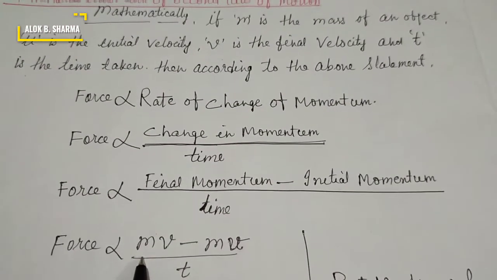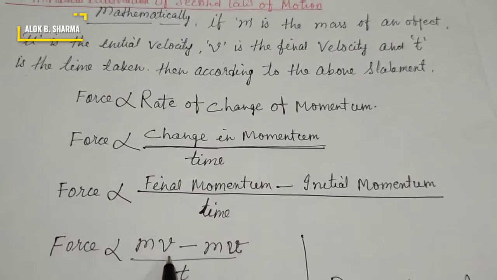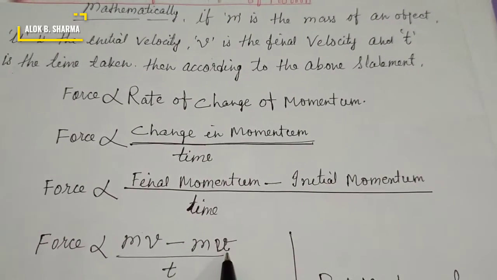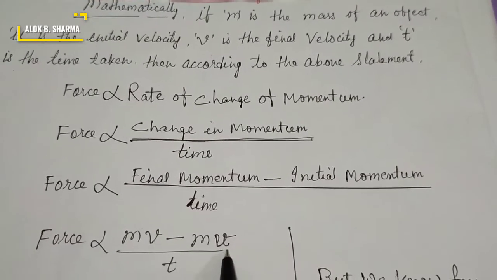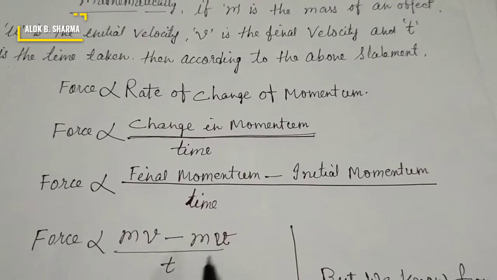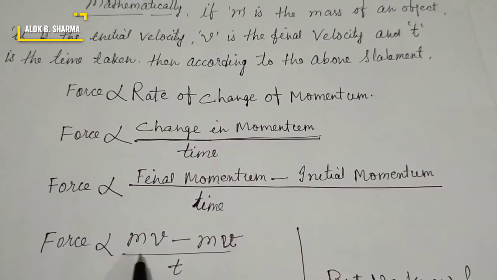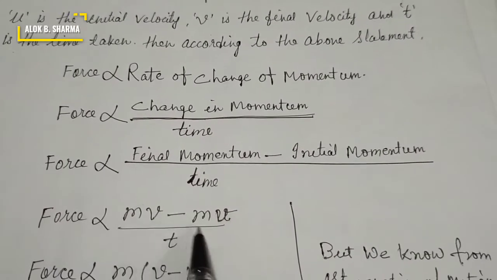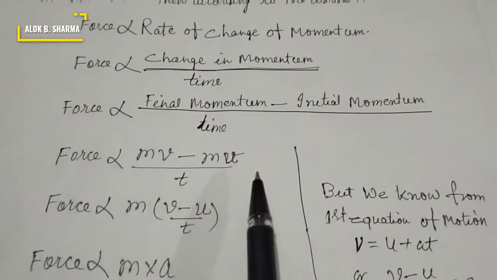If m is the mass and v is the final velocity, mv will be the final momentum. If u is the initial velocity, mu will be the initial momentum. So final momentum minus initial momentum divided by time is mv minus mu by t. Force is directly proportional to mv minus mu by t.